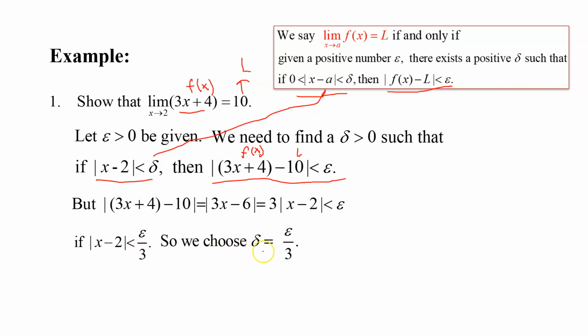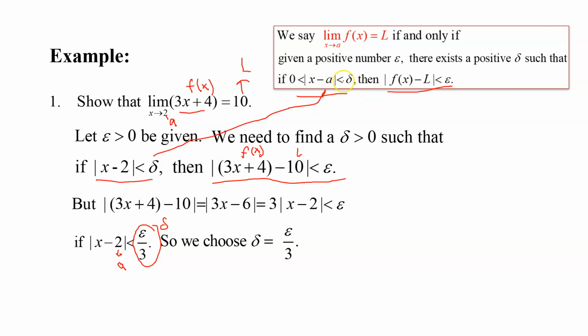So we choose our delta equal to epsilon over 3 because this is actually our delta. If we refer back to the first definition, |x minus a| less than delta, the 2 is actually your a.